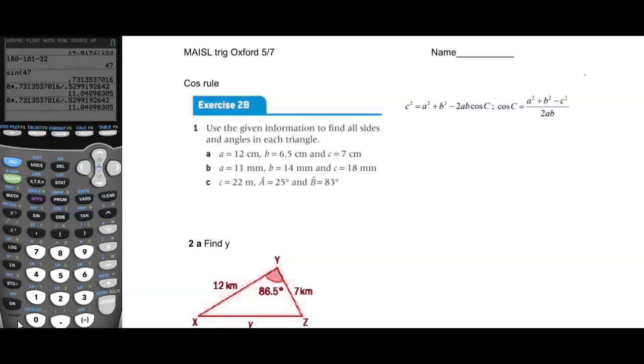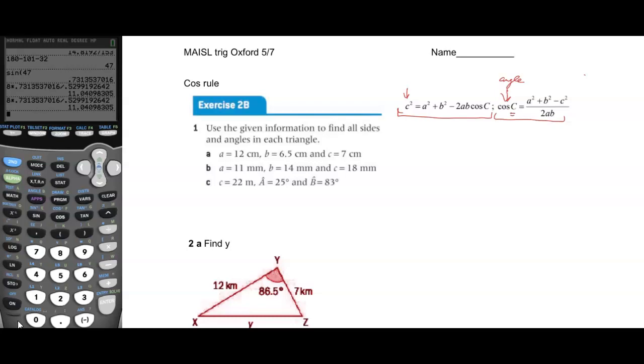Okay? If you are going to use cosine rule, notice that there's two different versions of cosine rule. There's the left one, which has c squared on the left side, and there's the right one where cosine capital C is on the left side. When you want to know an angle, then you use the right one because the angle is on the left.